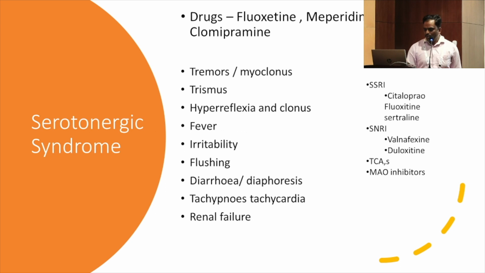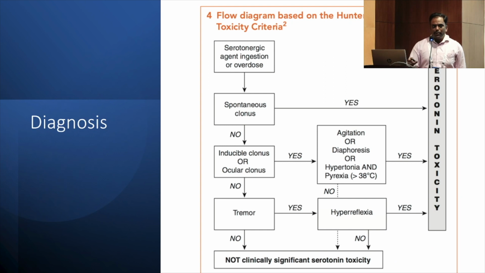Serotonergic syndrome. So mainly a triad of altered mental status, hyperreflexia and diarrhea. How do you diagnose it? Mainly by Hunter's serotonin toxicity criteria. So spontaneous clonus, if it is there with a background ingestion of a serotonergic agent, then yes.